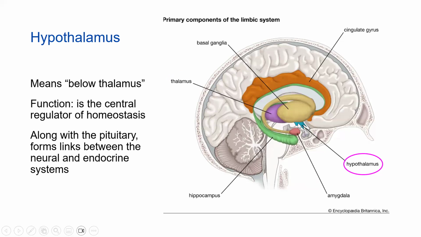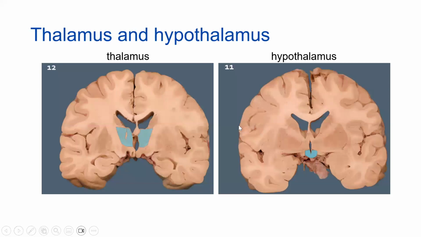Hypothalamus means below thalamus, hypothalamus. It's the central regulator of homeostasis, and it helps form links between the neural and endocrine or hormonal system. So thalamus is the relay station, hypothalamus is for maintaining homeostatic conditions. Below the thalamus is the hypothalamus.